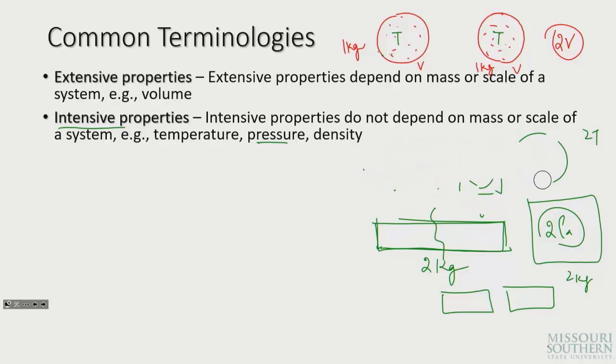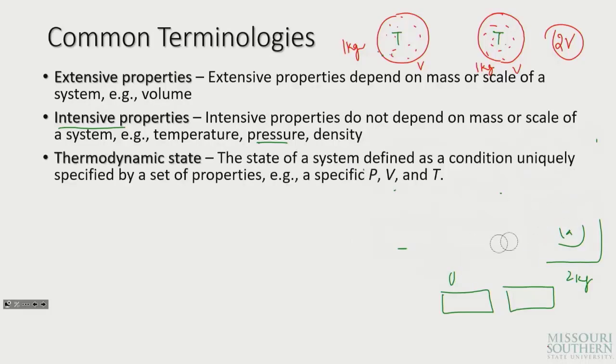So let's look at the next one. The next one is thermodynamic state. So a thermodynamic state is defined as a condition that is uniquely specified by a set of properties, for example, pressure, volume, and temperature. Okay.